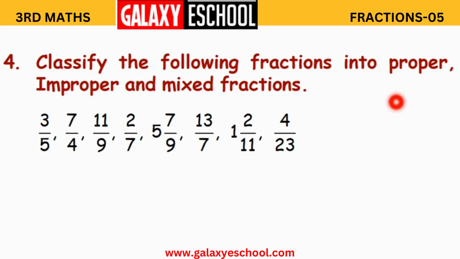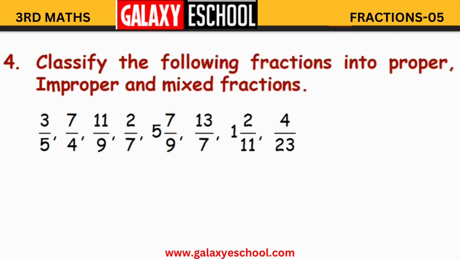Next, classify the following fractions into proper, improper and mixed fractions. Do you remember what are these? Proper, improper and mixed fractions? Proper fractions are those where the numerator is less than the denominator. Improper fractions are those when the numerator is greater than the denominator.